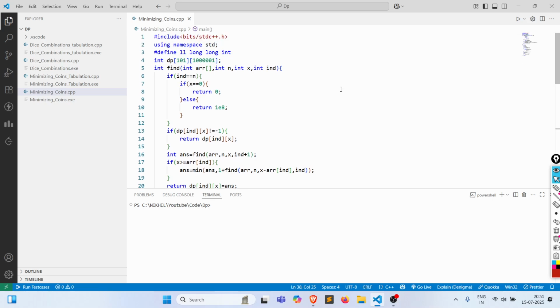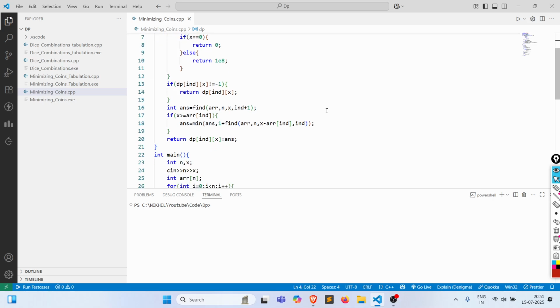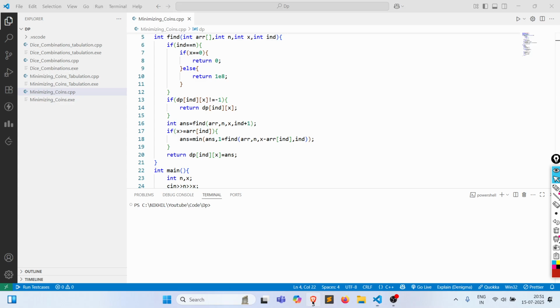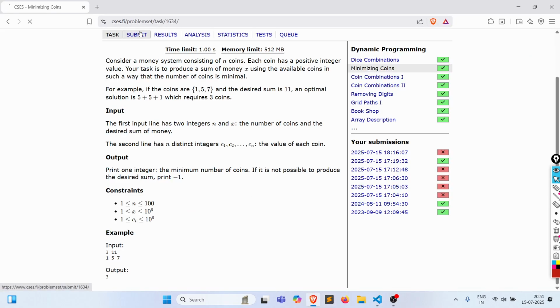Also, a brief discussion on the time complexity and the space complexity. The space complexity here is n into x, and the time complexity is also n into x. Now let's try to submit the solution.